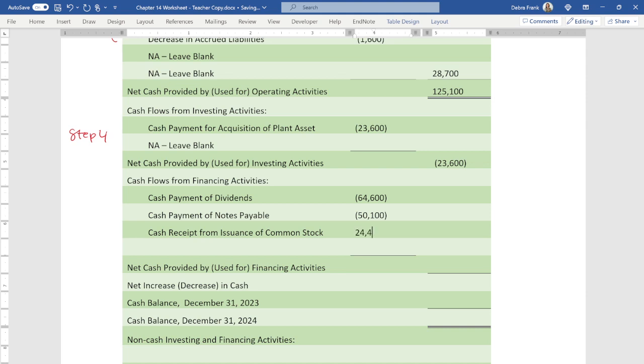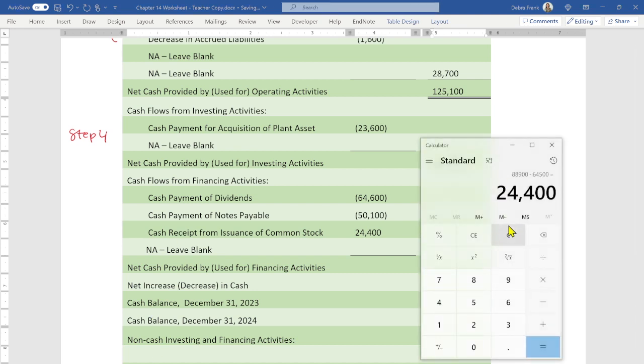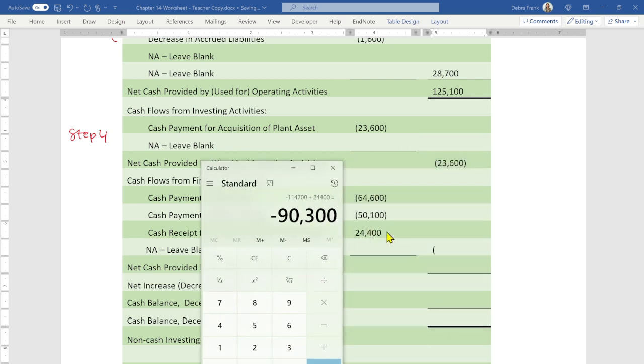All right, and it looks like they gave us another blank box. Nothing, we don't need it for anything. We'll add up our 3, and let's double check me. $90,300 decrease.